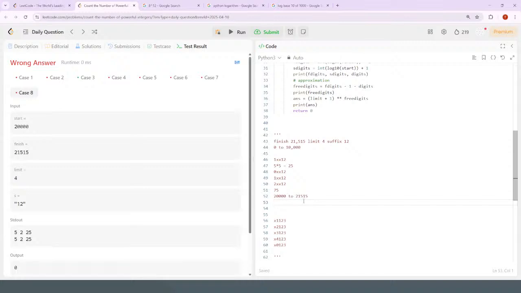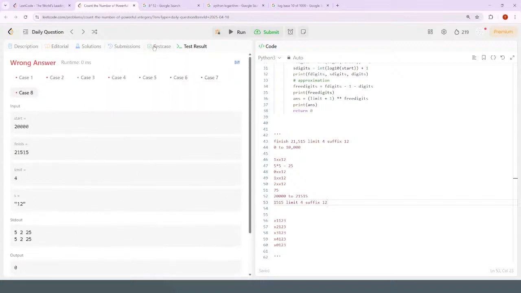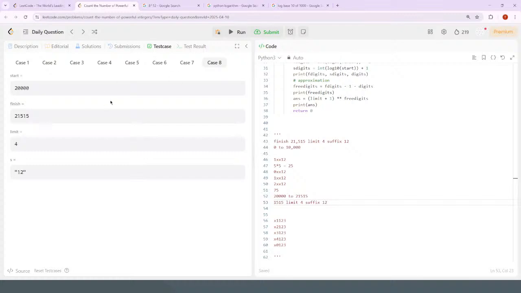And I think you can do that by, since the 2 is no longer in consideration, then you just do the next digit. So it's like 1515. How many ways to get to that using limit 4 suffix 12? I assume that has to be 10.